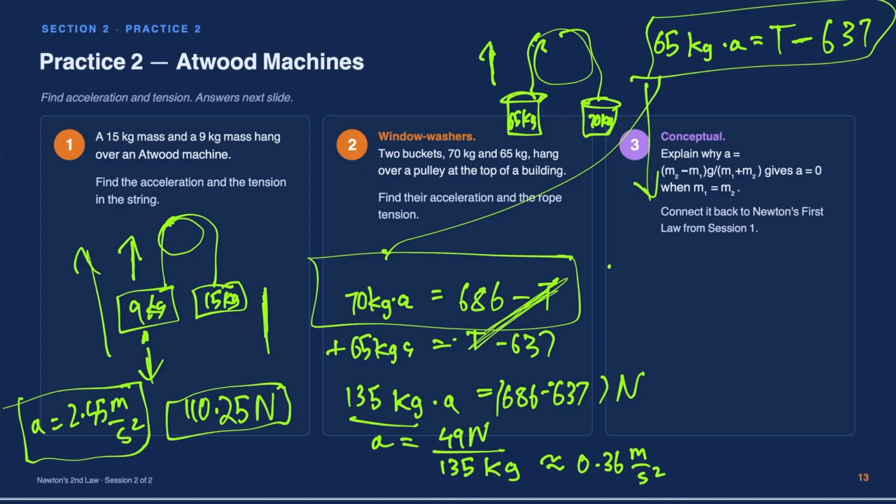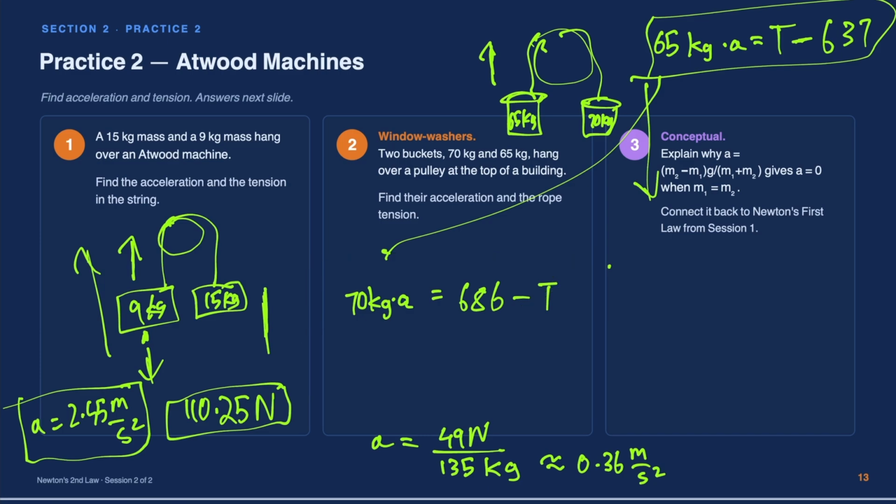So if you know that acceleration is equal to that, then I could just remove this equation, and even this one, and I could just substitute in this acceleration here. So 70 times 0.36, whole thing in newtons, is minus 686. And then if you divide that by negative 1, you can get your tension.